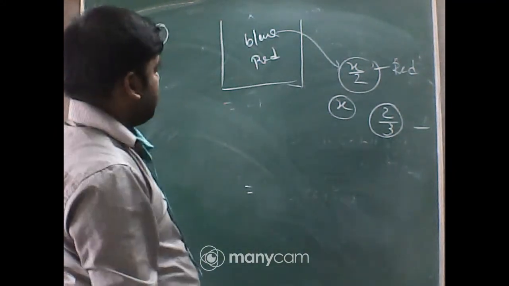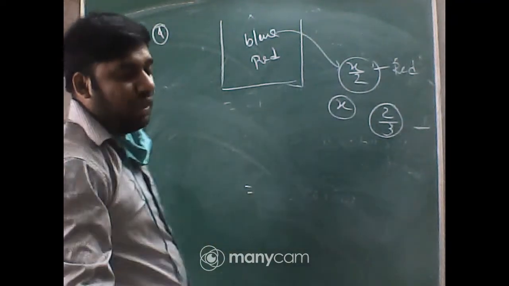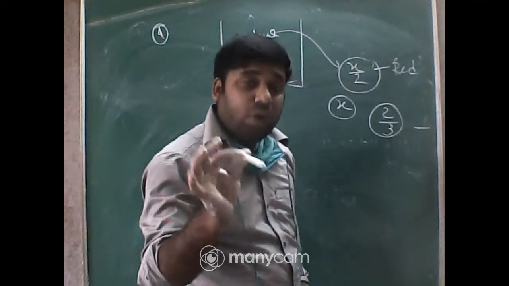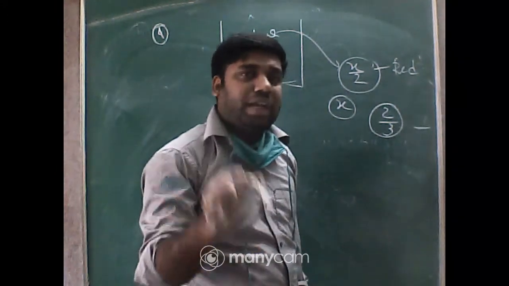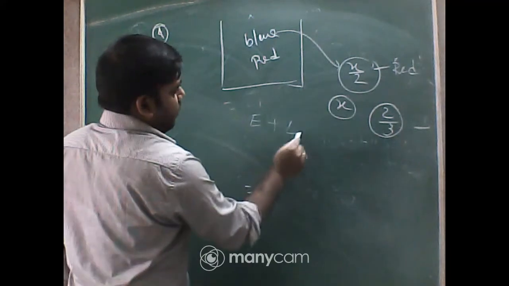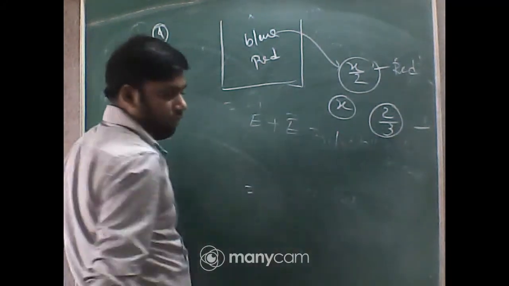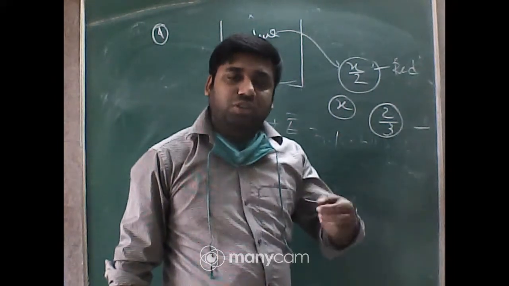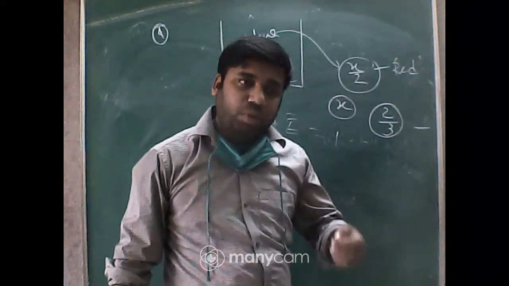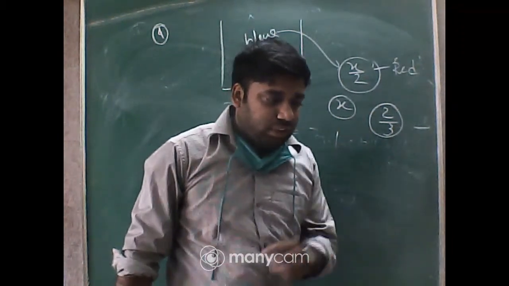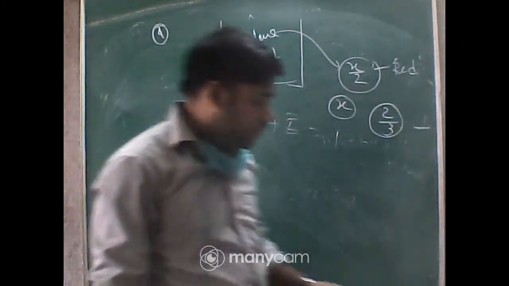Look at the board. When I discussed probability, I told you that the probability of any event plus the probability of the opposite event equals 1. One coin is tossed: probability of getting head plus probability of getting tail equals 1. Have I discussed this in your class earlier? Yes or no?